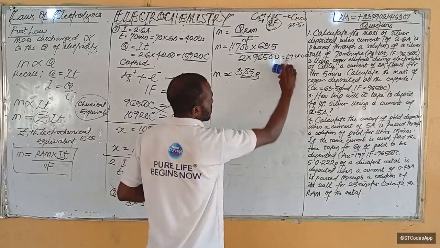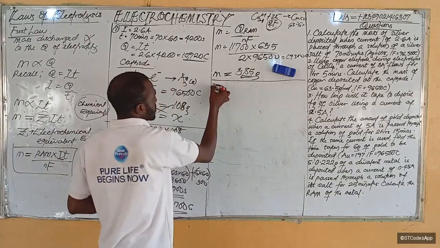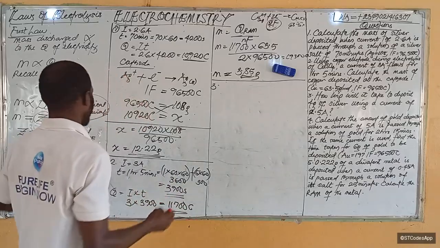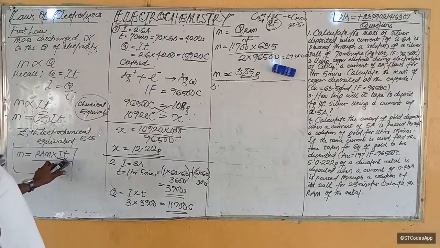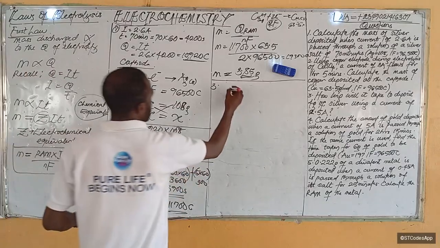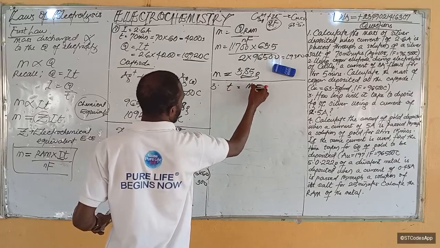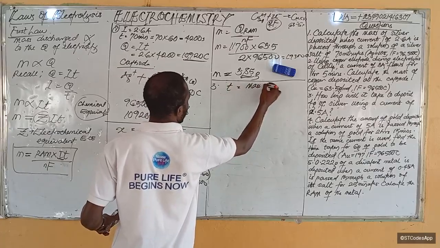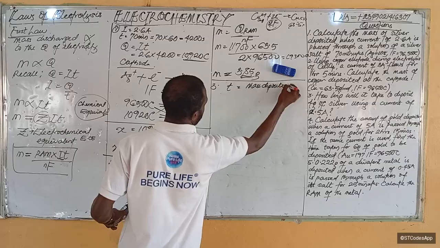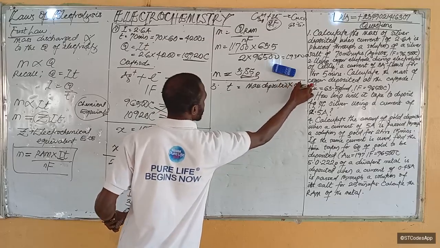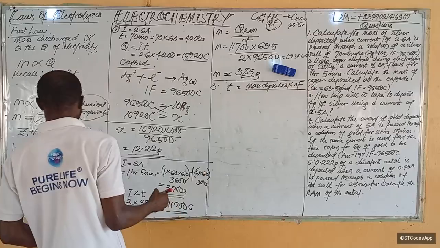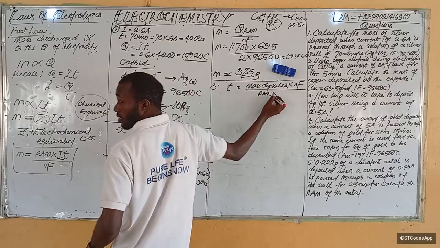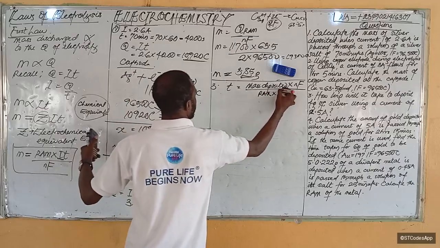Is that okay? Then the next one, number 3. Number 3 says, how long will it take to deposit 4 grams? So we just make T the subject of the formula, right? If you make T the subject of the formula here, T becomes mass deposited times NF divided by RAM of the metal times current.